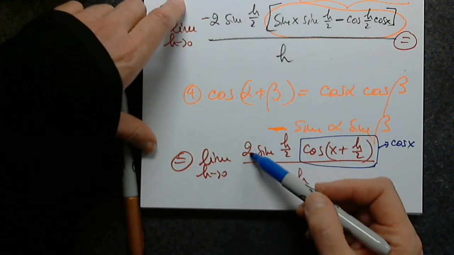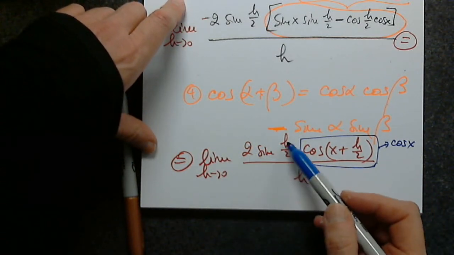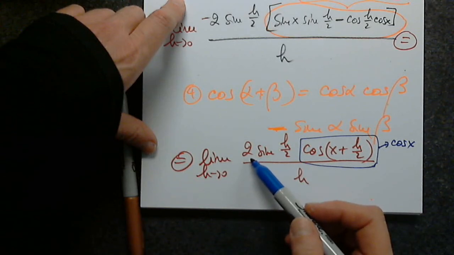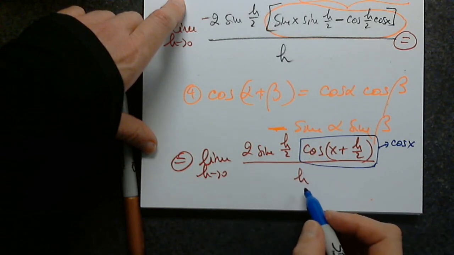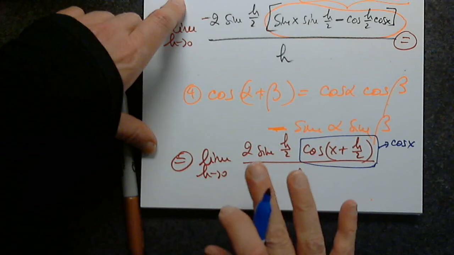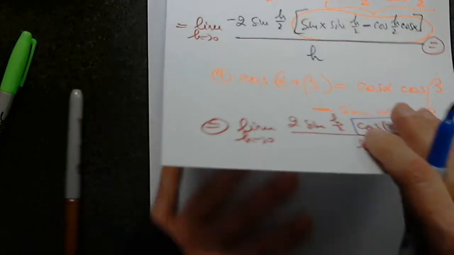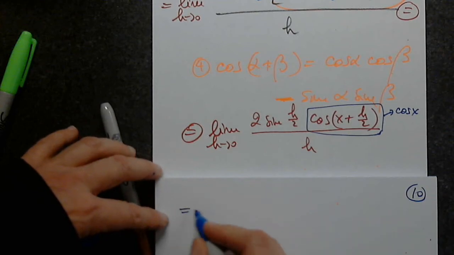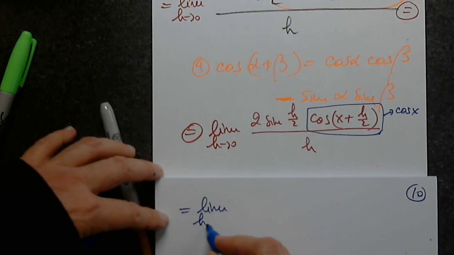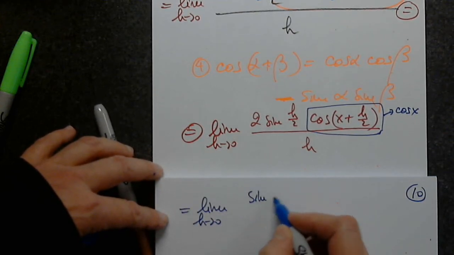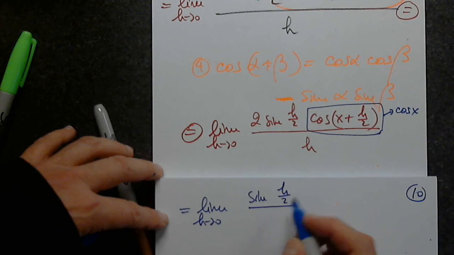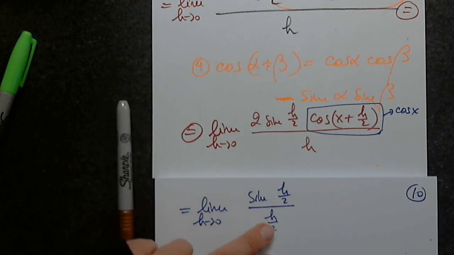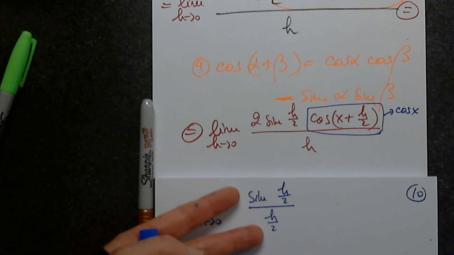I am going to change sine h over 2 with 2 in front by putting the 2 here in the denominator. I'm not going to correct it here, I'm just going to write it one more time. So I want this: limit as h approaches 0, sine h over 2 over h over 2, because when I flip this, I get 2 over h.